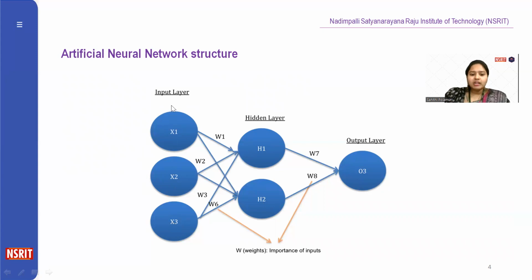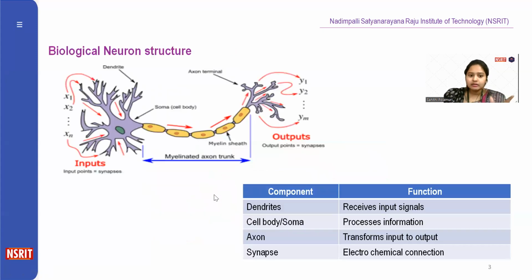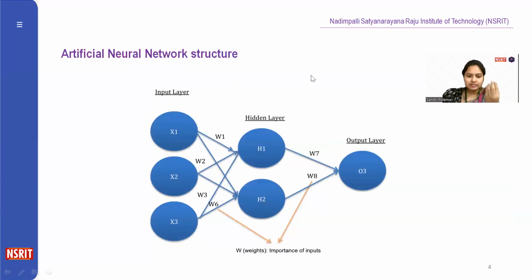All these neurons are interconnected with each other, just like in BNN all the neurons are interconnected with each other. Similarly, in ANN also all the neurons are interconnected. For example, the input neurons in the input layer will be connected to the neurons in another layer.